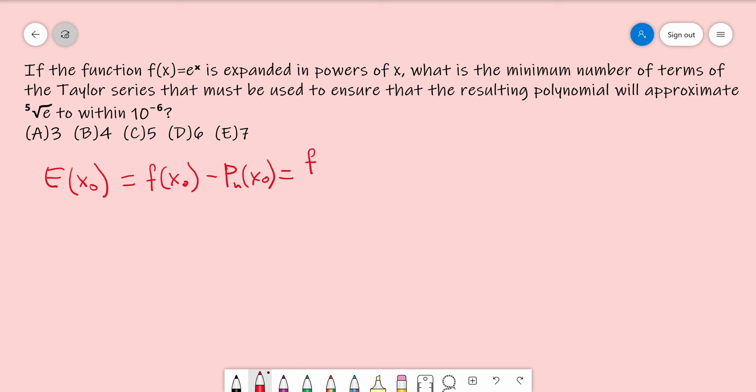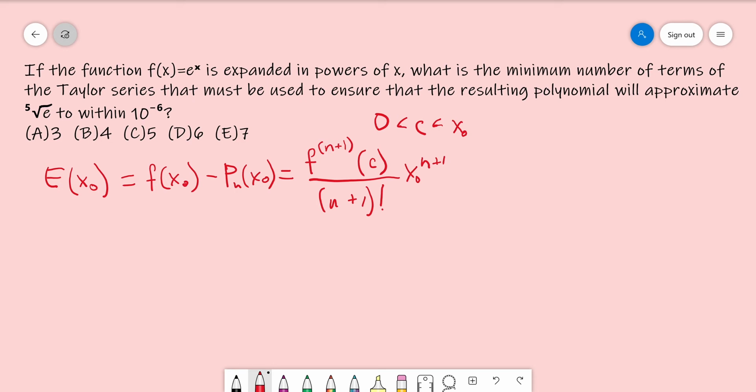So it's going to be the n plus first derivative of f evaluated at c, and I'll say what c is in a second, divided by n plus 1 factorial times x naught to the n plus first power. Now c is some number between 0, if this is an expansion around 0, and x naught. Okay, and that's all we know about c.